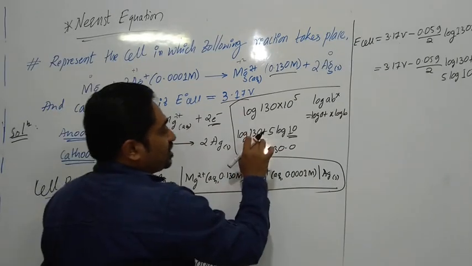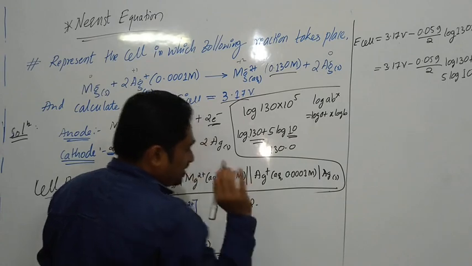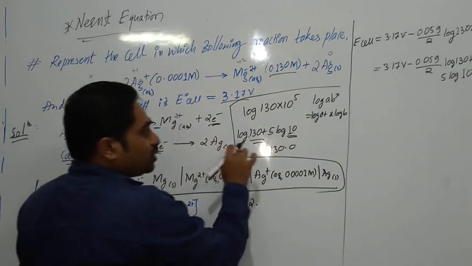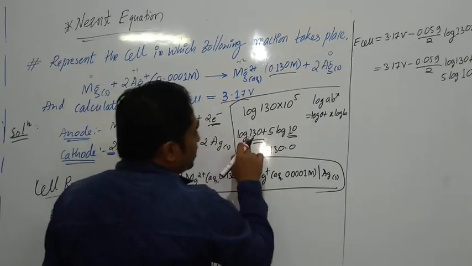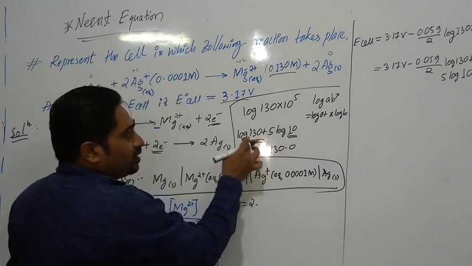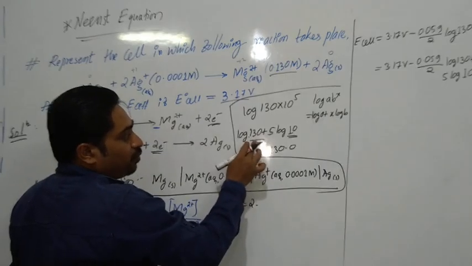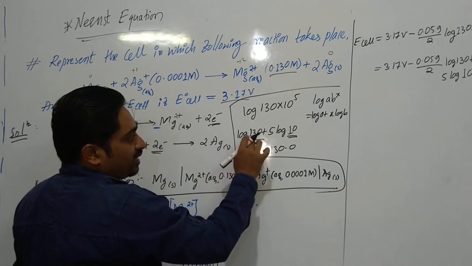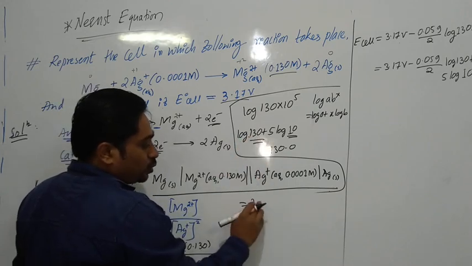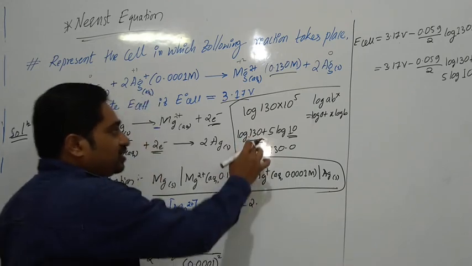Now my answer will be 2 point something, because according to the characteristic, n minus 1, where n is the number of digits before the decimal point, is 3, so n minus 1 is 2. Here the answer will be 2.something.